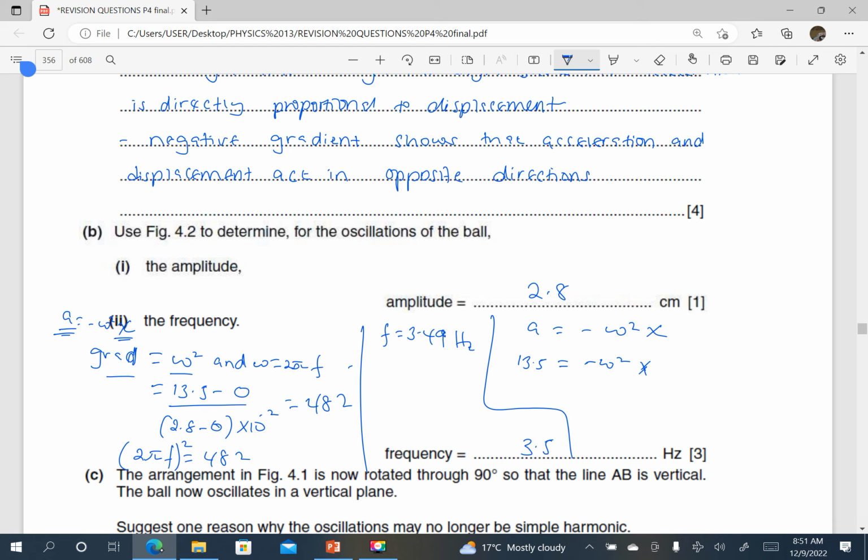So this is times negative 2.8. This gives omega squared as 482. Then I find the square root. Remember, omega is 2 pi f, so you'll be able to find f, and you'll get f as 3.5 still.